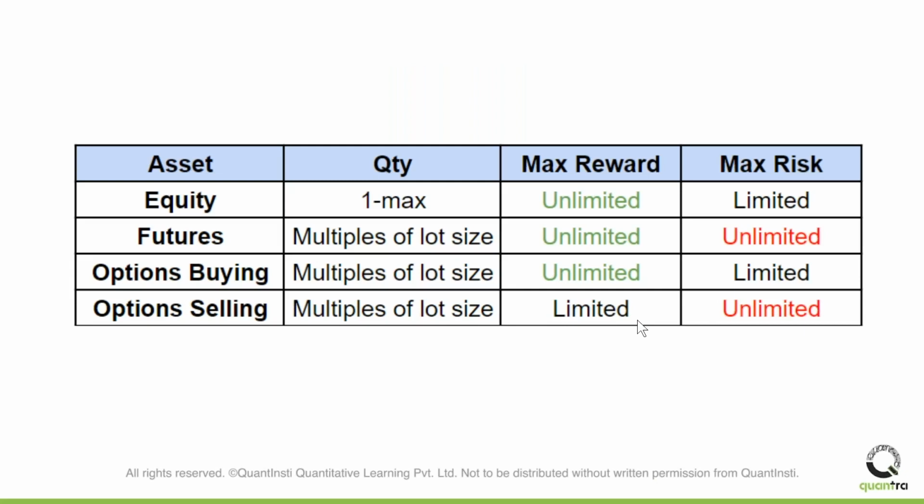As soon as you sell your option, you can collect your premium, and that's the maximum amount you can get. But the risk is unlimited when you sell options, because if the stock goes up, it can go up without any cap, and you lose money without any cap. So the risk is unlimited when you sell options.